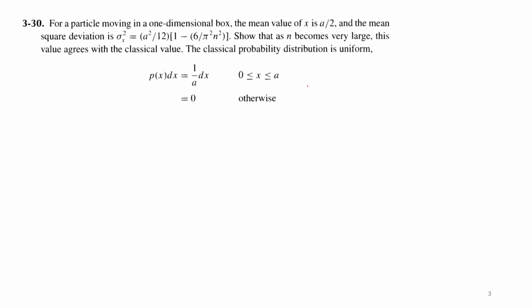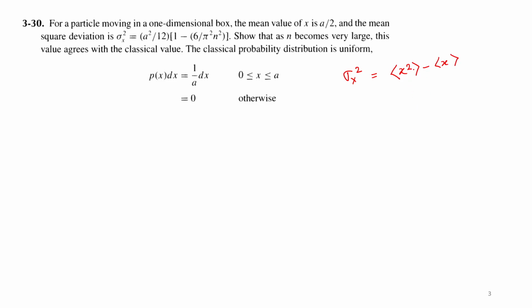So firstly, this sigma x square, the mean square deviation, is given by the average of x square minus the square of the average of x. We have solved a few problems like this last week also.